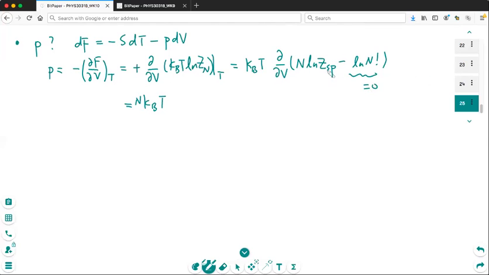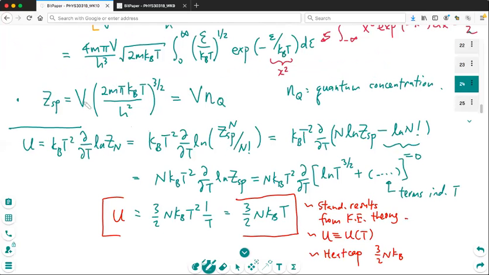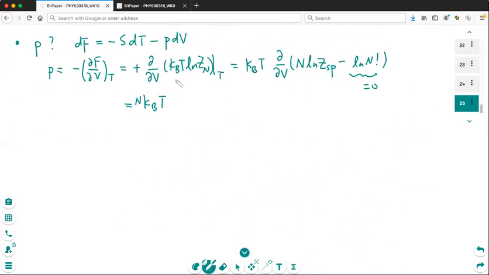You look at the partition function, and because you take log, everything will disappear once you take the derivative with respect to volume. This is log V plus log of this whole thing. This does not depend on volume, so you only have log V to worry about, plus a bunch of terms independent of volume.